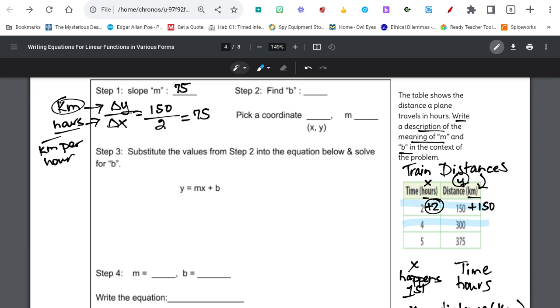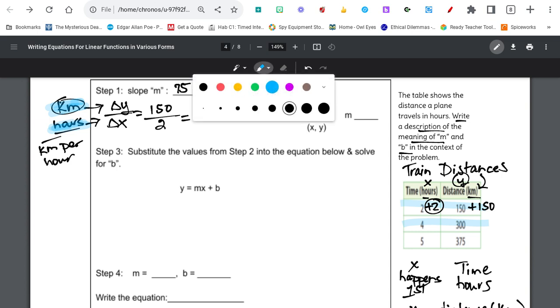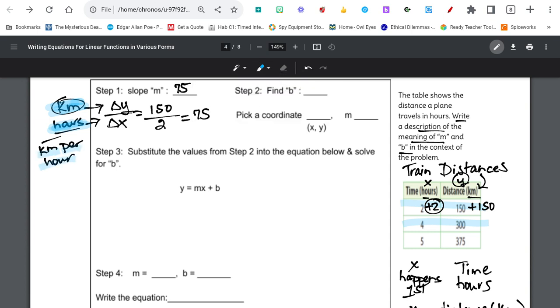However, it's a real life problem. So it's 75 something. So basically, according to this part right here, the y represented the kilometers, x represented hours. So when I write this, I write kilometers per hour. So I'll just put 75. I put 75 kilometers per hour. That's what it means, okay?